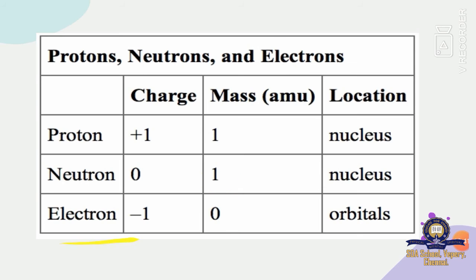And for electron it is -1, and I have already told you electron has a negligible mass, which we don't want to consider. So electron has 0 mass. And you can see proton will be located in nucleus, neutron will be located in nucleus along with proton, and electron will be revolving around the nucleus.